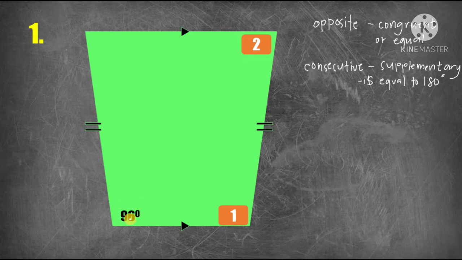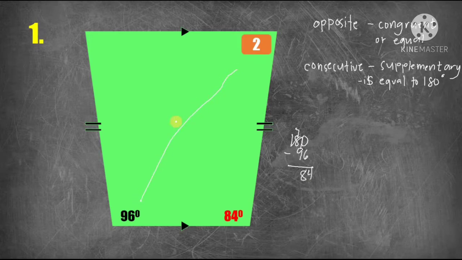So now, let's start solving. As you can see, it's supplementary, so it is equal to 180 degrees. So number 1, the answer is 84 degrees. How did we end up with 84 degrees? It's simple. You only have to subtract 96 from 180.